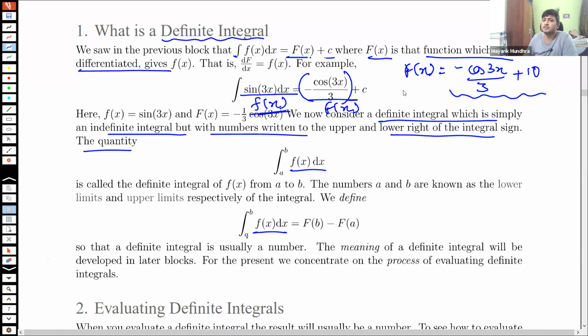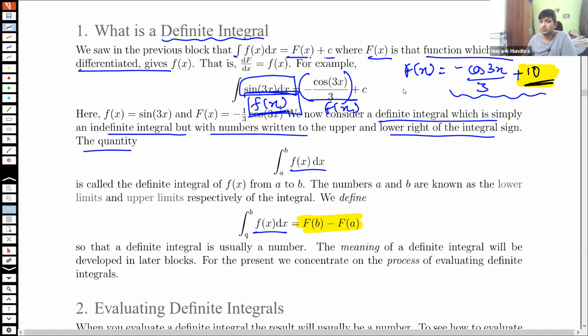This function's differentiation will also give me sine 3x. So I can take different constants here. All these constants will give me the same small f of x, sine 3x. But the beauty of a definite integral is that no matter what constant I assume here, this quantity remains unchanged.